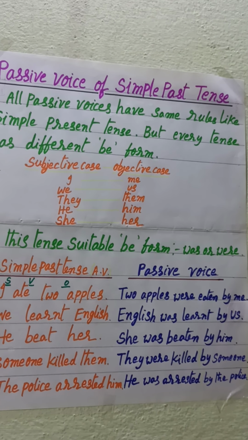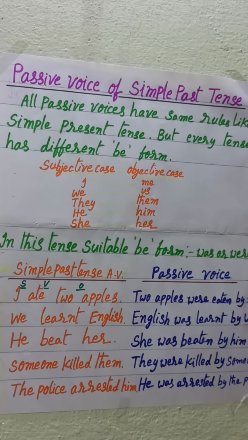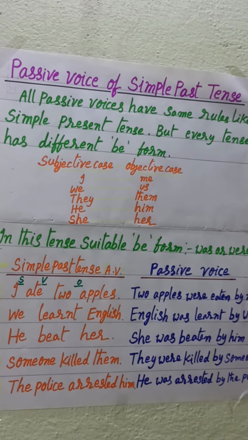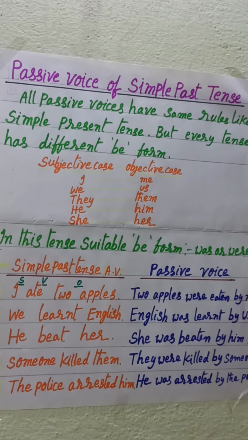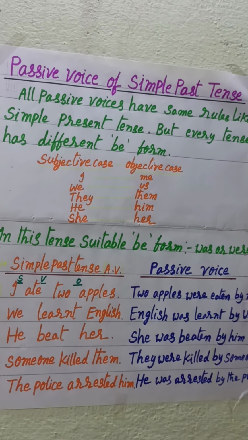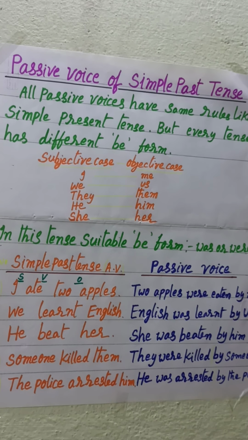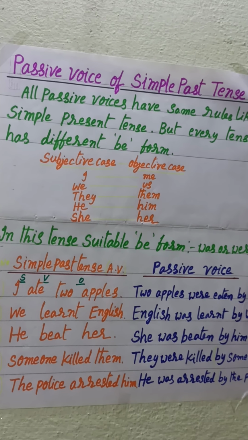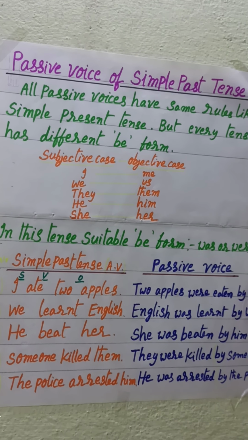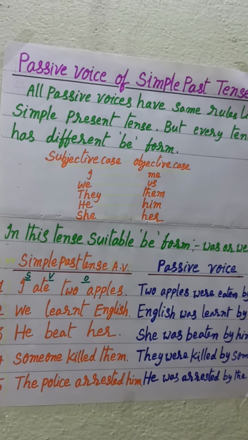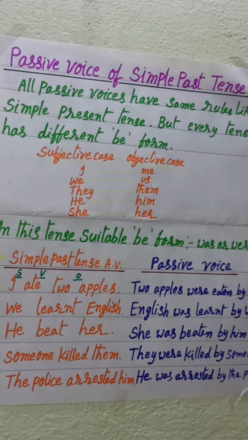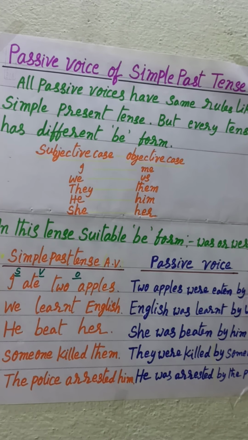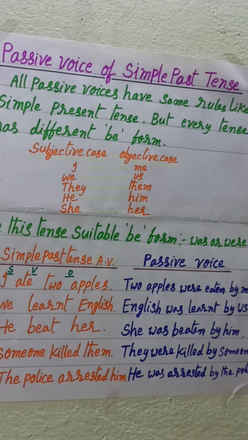In the active voice learnt is V2. In the passive voice learnt is V3. V2 and V3 are the same, because the base form is learn, past is learnt, and past participle is also learnt.